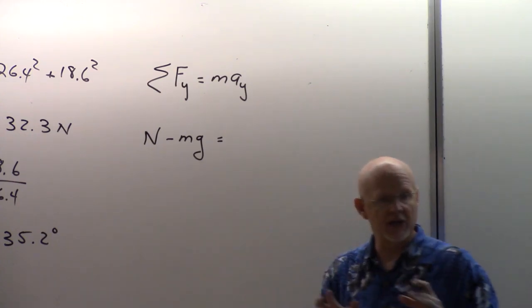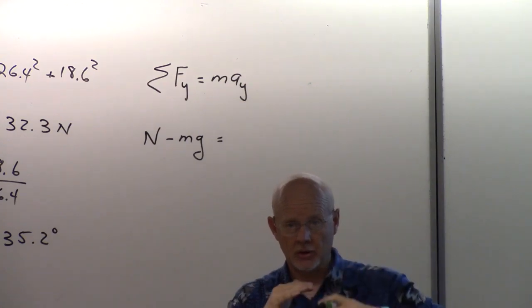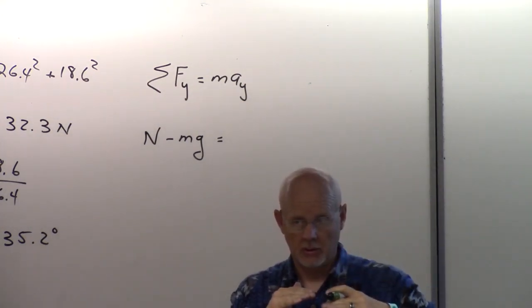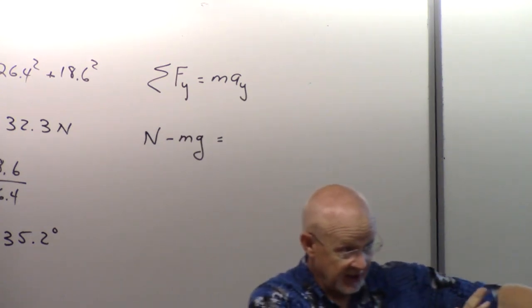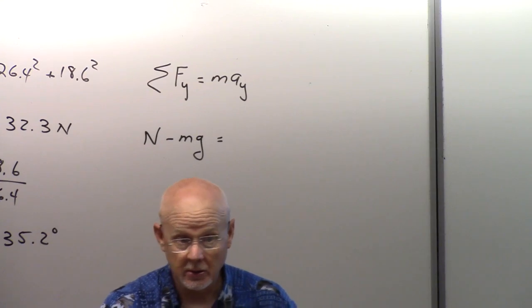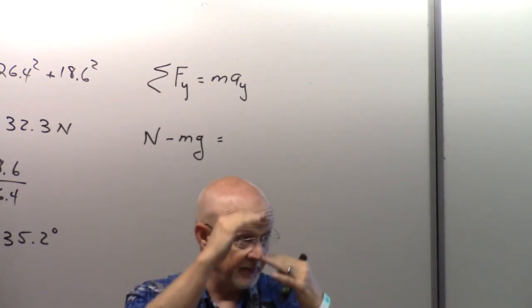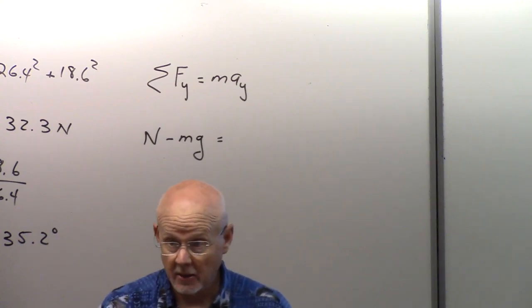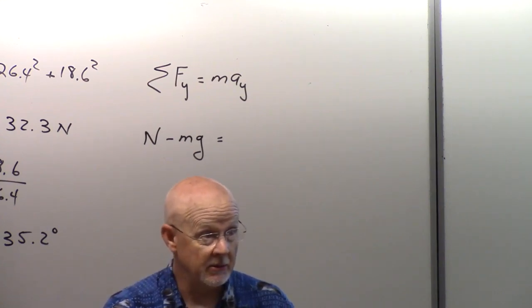What is her acceleration in the up and down direction? See how her friends push her horizontally? And we don't know that acceleration. That's what we're being asked for. But we do know her acceleration up and down. What's that? 0. Does she move up or down? No.